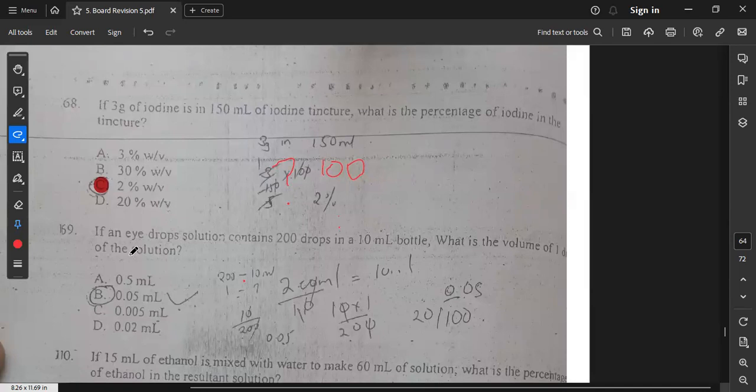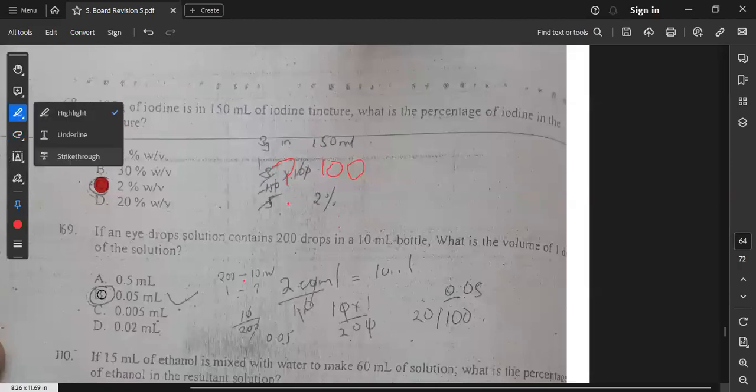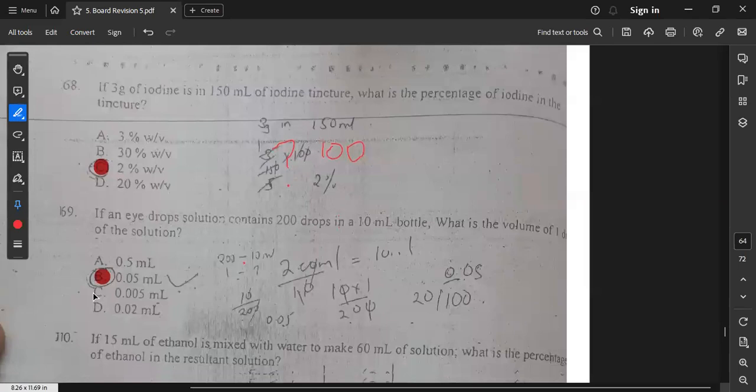So like 10 divided by 200. Yeah, thank you, Dr. Tur.